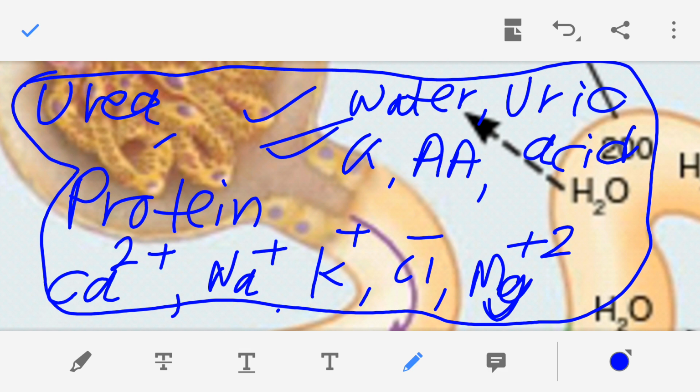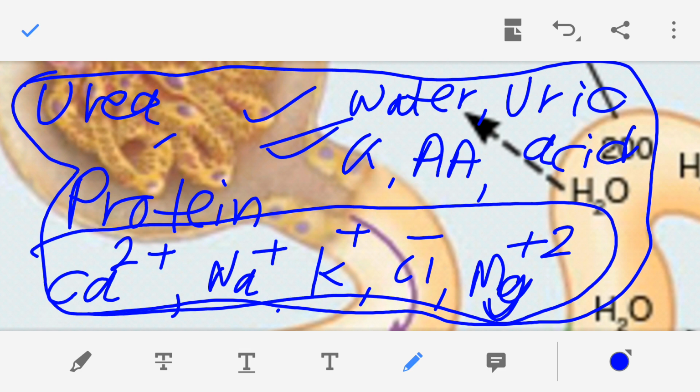As you can see, in the filtrate there are some vital ions. Glucose is also important and protein is important.